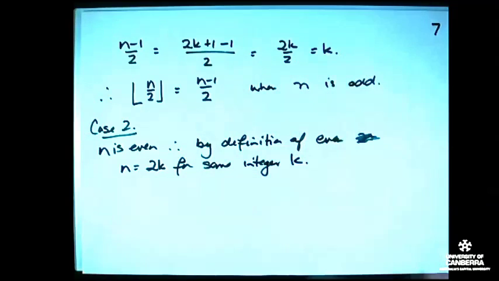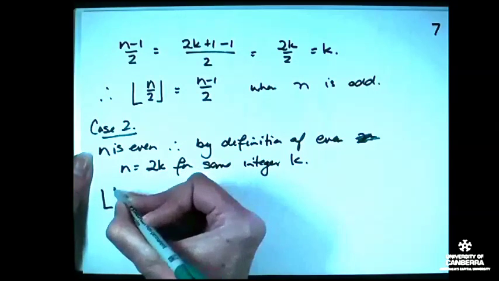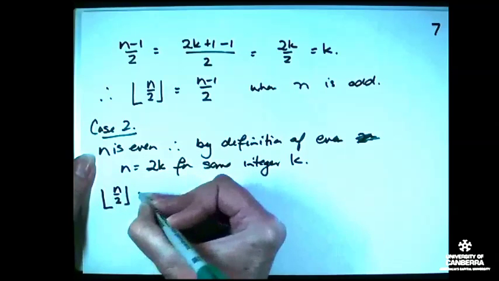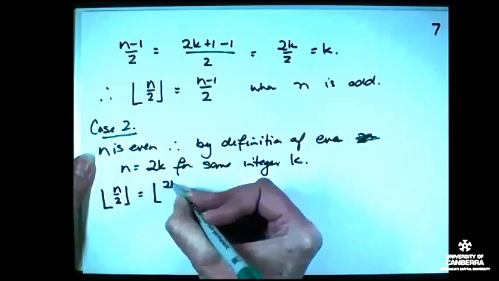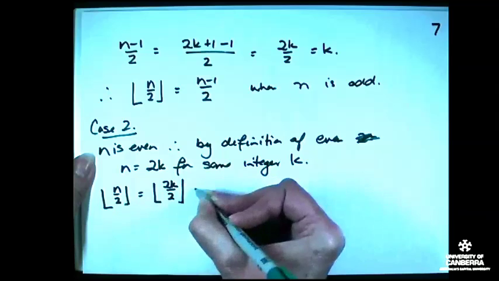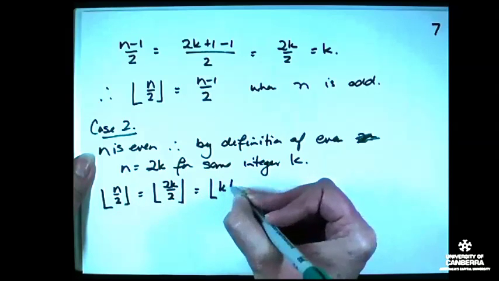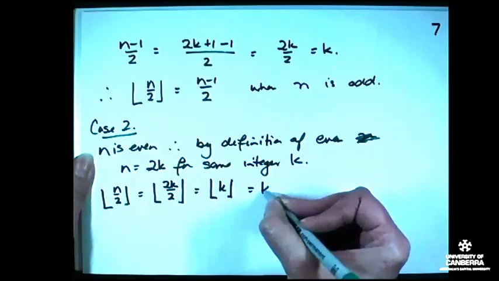We have used k up here, but we've finished with that part, so we can start again and call this one k. We could call it L if we wanted to. So, this means the floor of n on 2 is equal to the floor of 2k on 2, which is equal to the floor of k, which is just equal to k.